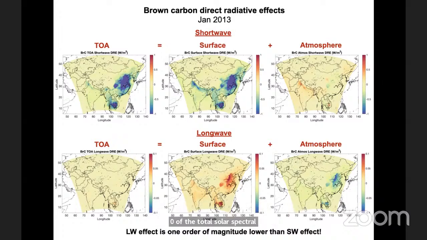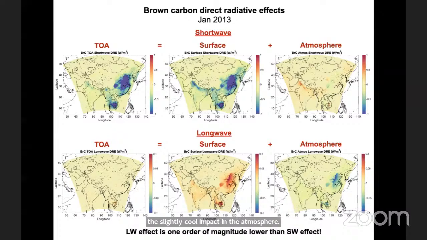If you look at the longwave radiative effect, we see an almost negligible top-of-the-atmosphere radiative effect. However, this is attributed to a warming effect at the surface and a slight cooling effect in the atmosphere.